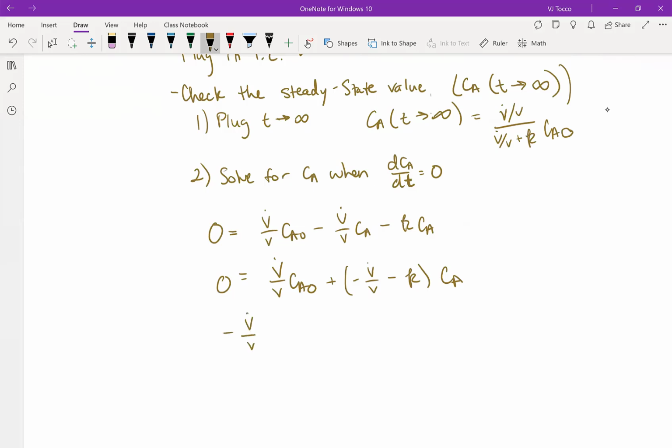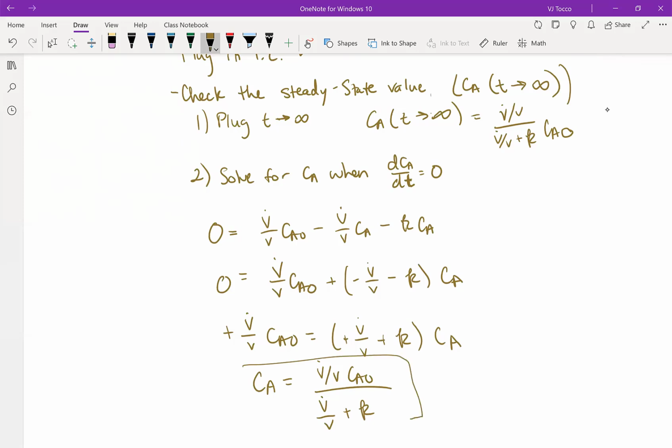Minus v dot over v CA0 is equal to minus v dot over v minus k times CA. I've got a lot of negatives here, so I'm going to cancel them all. And finally, if I solve for CA, I get v dot over v CA0 over v dot over v, plus k.